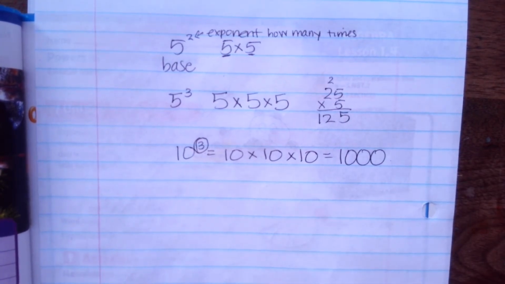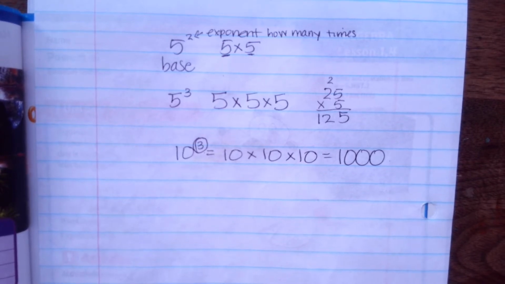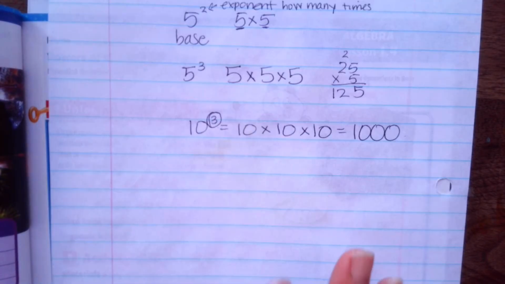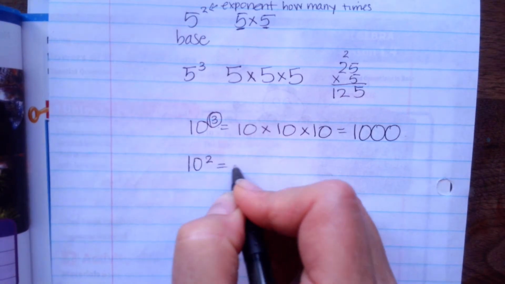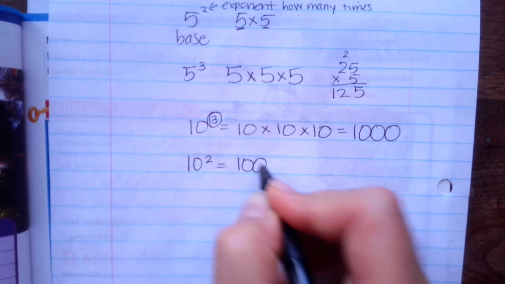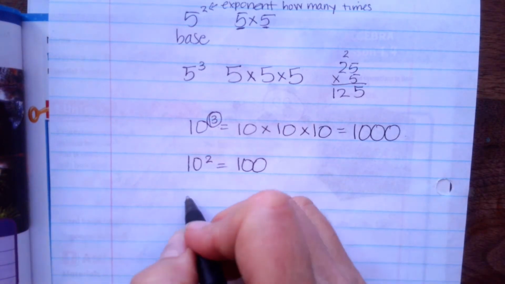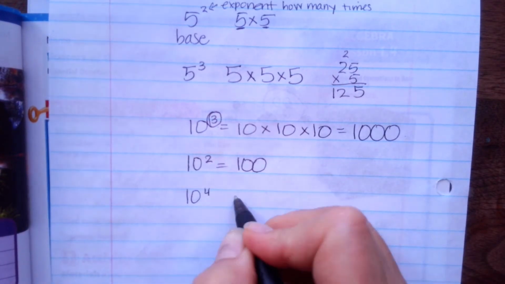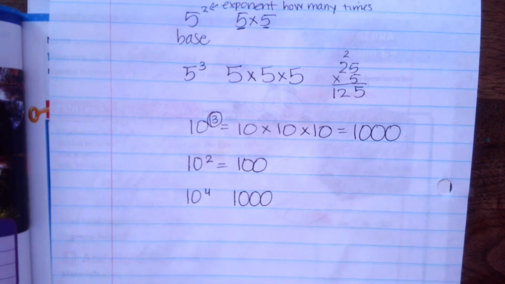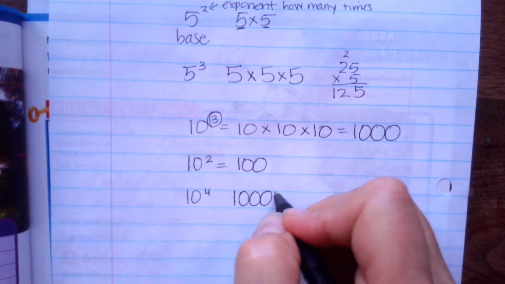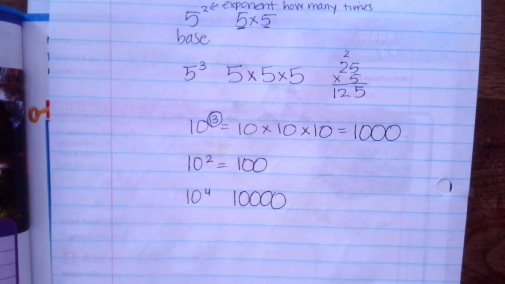It only works for tens though. So if I had 10 to the second power, it would be 2 zeros, and that is it. If you had 10 to the fourth power, it would be a 1 with 4 zeros. So that's a cool little shortcut that we can only use for tens.